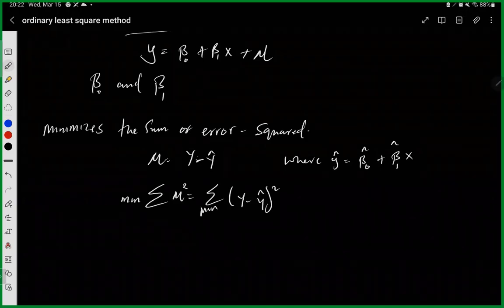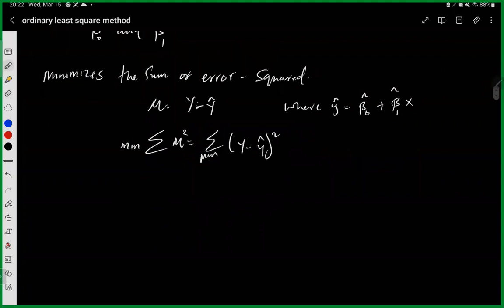Given that y hat is that, we just replace it there.